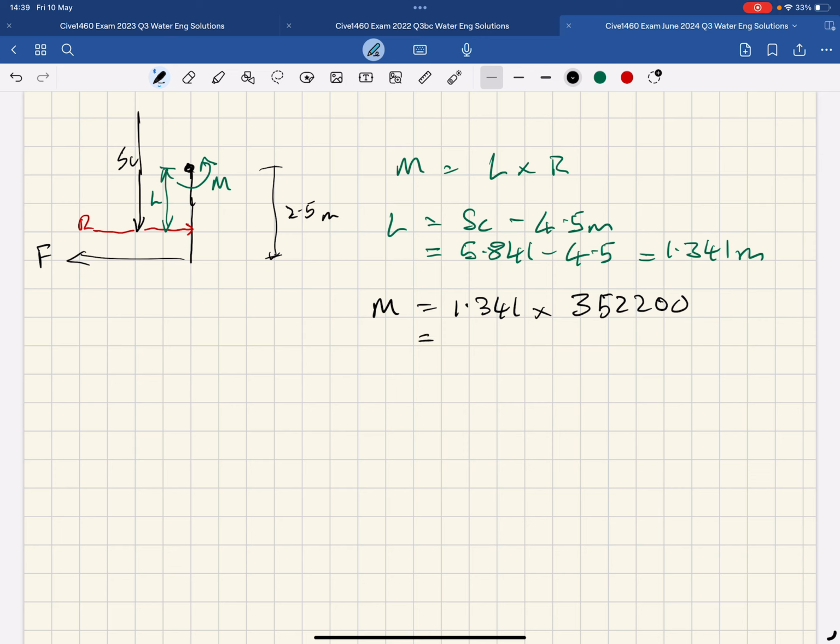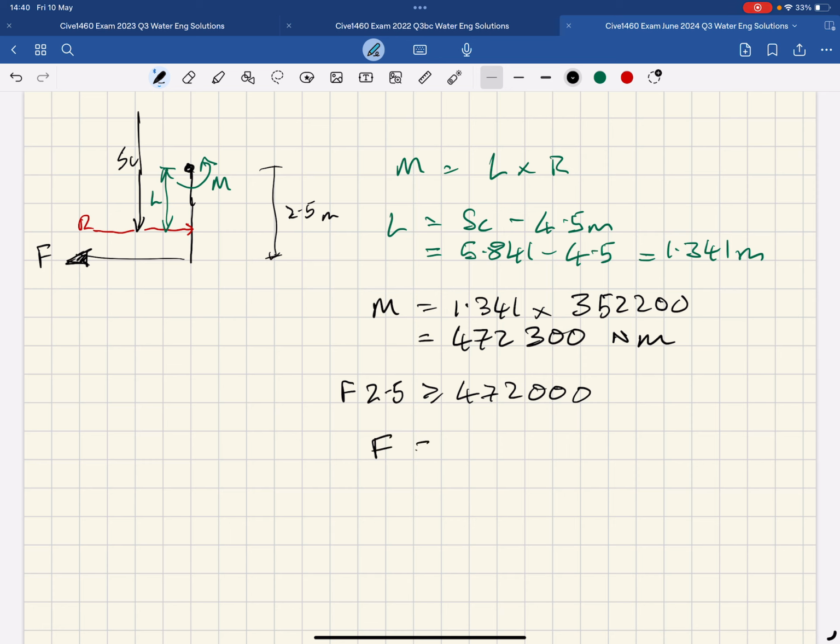To give us a moment of 472,300 Newton meters. Now the moment due to F, the moment for opening the gate, must be bigger than that. So F times the gate height, 2.5, has got to be greater or equal to 472,300.